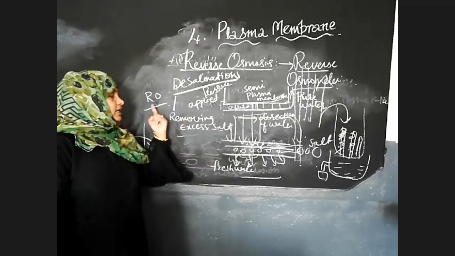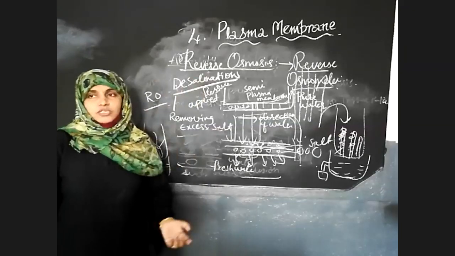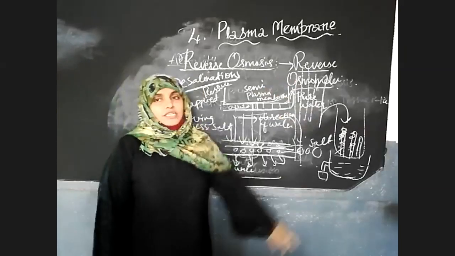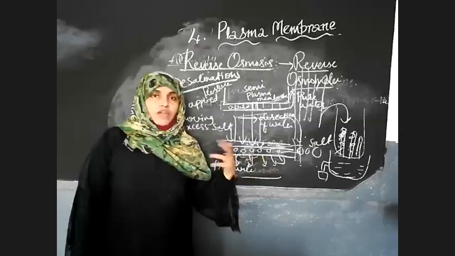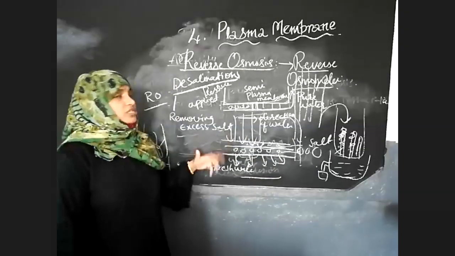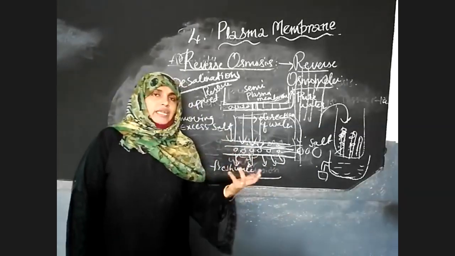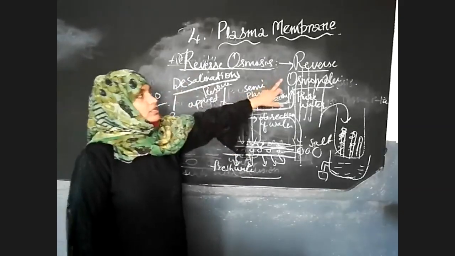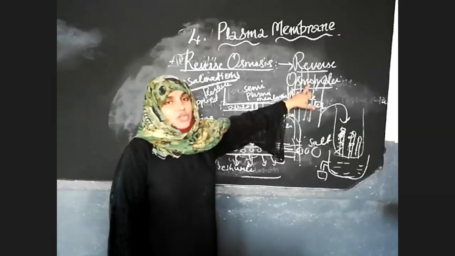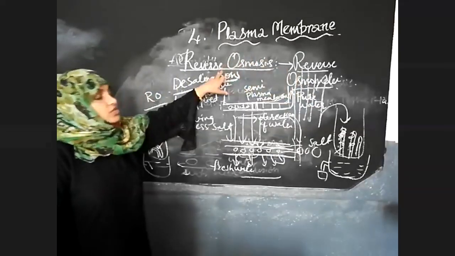So what is that? It is nothing but the reverse osmosis process done by a machine called a reverse osmometer. We call it a water plant or water purifier, with different brands like Kent, which we are using at home. Just observe the machine there: it is a reverse osmometer, and it is doing the reverse osmosis process.